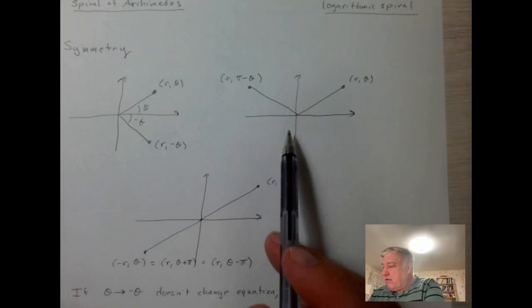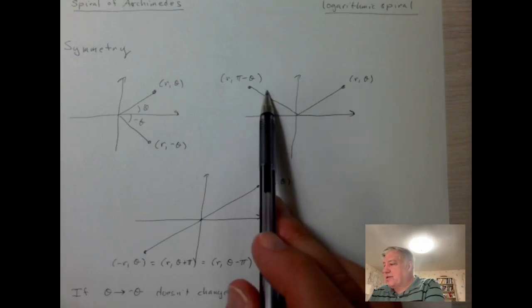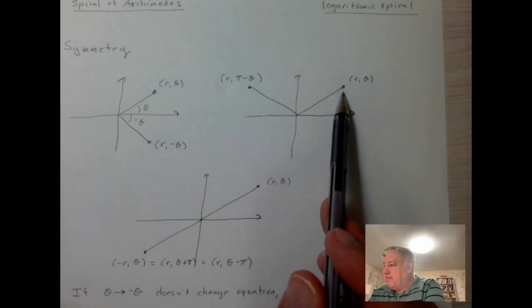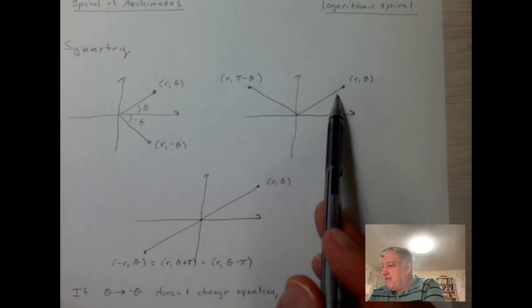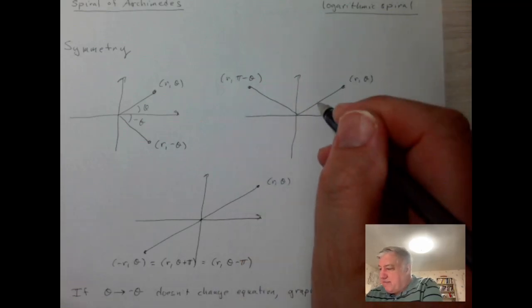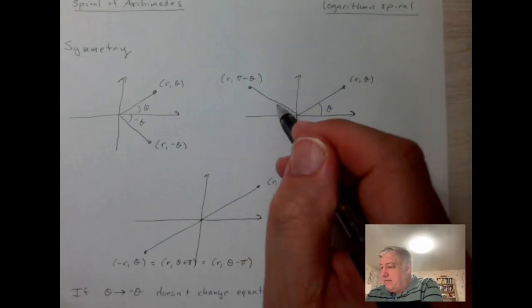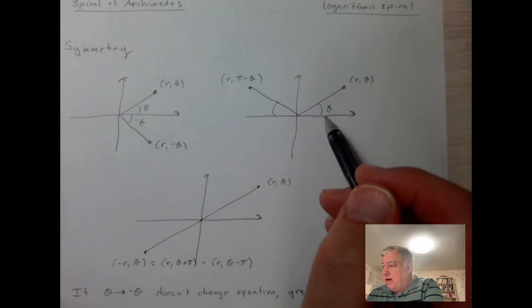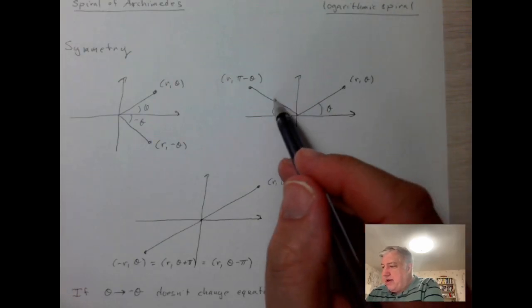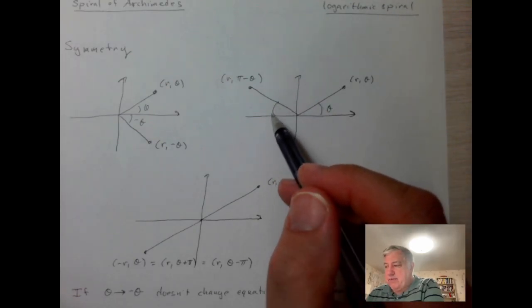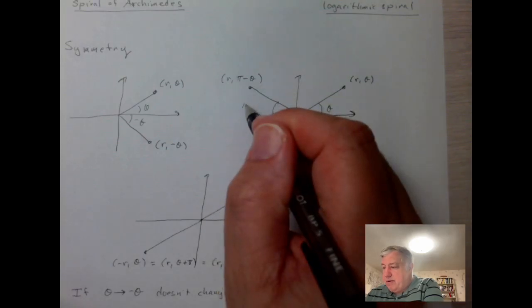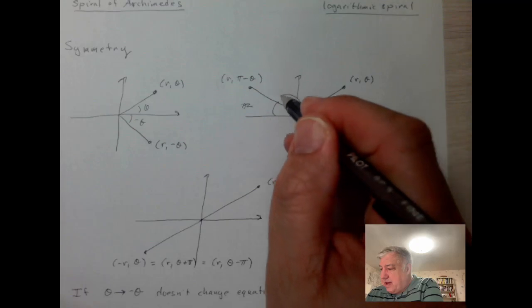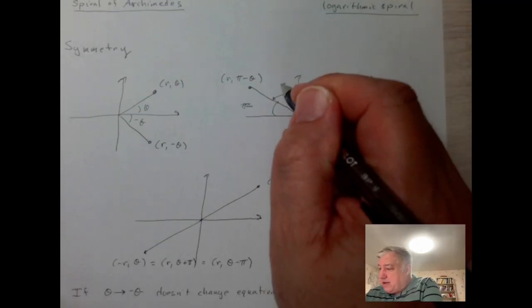And a reflection through the y-axis would be replacing theta with pi minus theta. So if this is theta, from here to here is pi, so this angle would be pi minus theta.